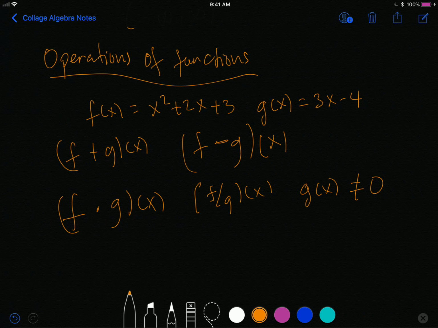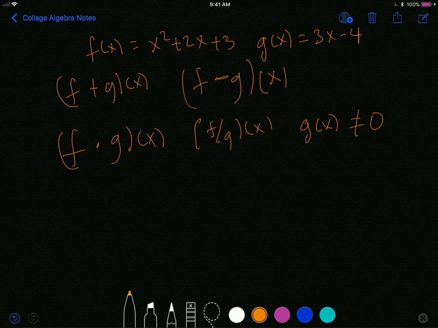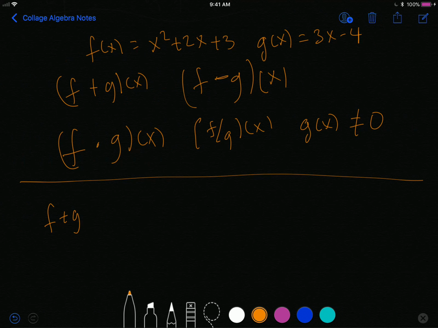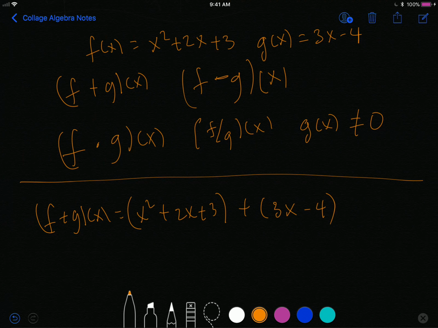What we will do is we will find each of these functions and then find the domain. So f plus g is simply x squared plus 2x plus 3, your f function, plus your g function, 3x minus 4.